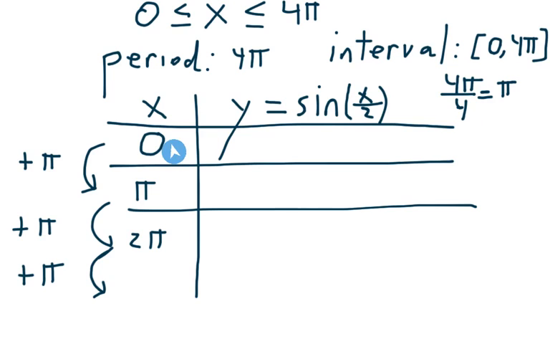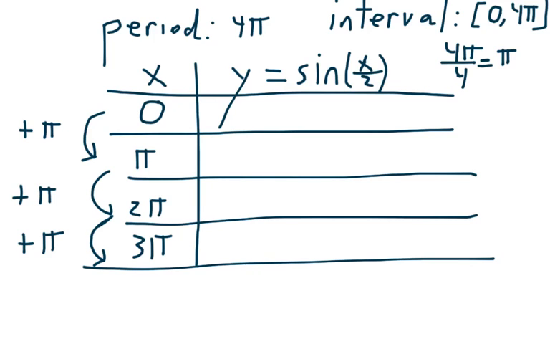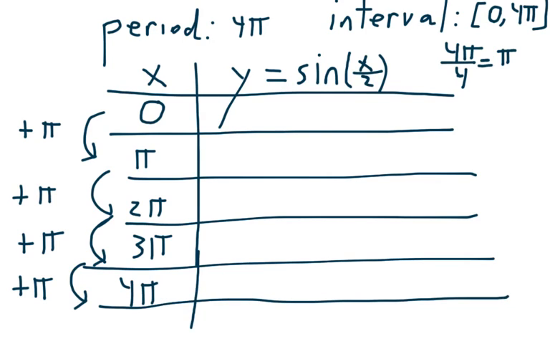That's how much we increase our x by to get the x coordinates of the points that we're going to plot. So 2 pi, we get 3 pi next. And finally, one more time, adding pi, we get 4 pi. And we end at 4 pi.